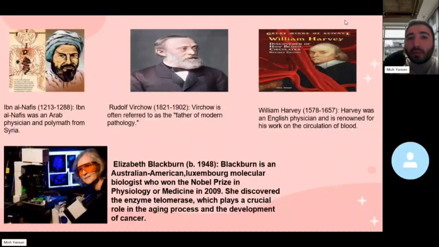I will not go too much further to explain about them, but I may tell about Rudolf Virchow, who, as we all know, is the father of modern pathology in general, and as well Elizabeth Blackburn. She's an Australian American molecular biologist. She got a Nobel Prize in 2009.